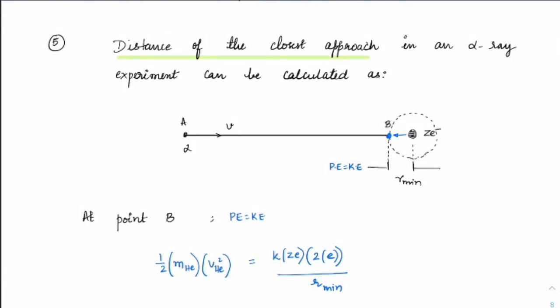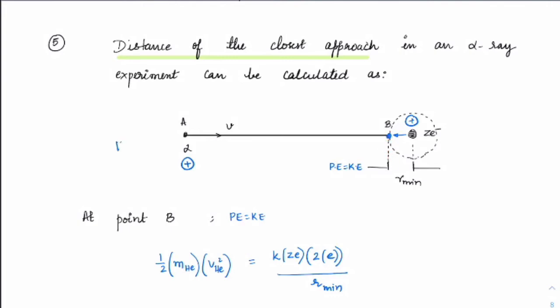Check out what I'm saying. If you have a nucleus here and alpha rays are approaching, because alpha rays are also positively charged and the nucleus is positively charged, they would start repelling as the alpha particle comes close by. At some point this alpha particle will cease to move, the case where the kinetic energy becomes zero.